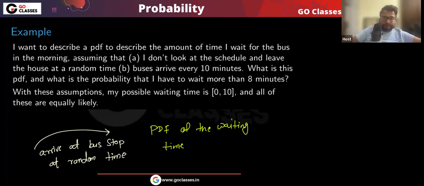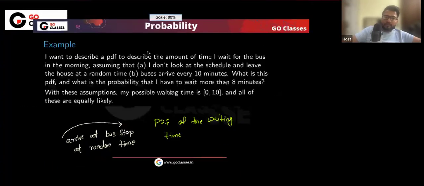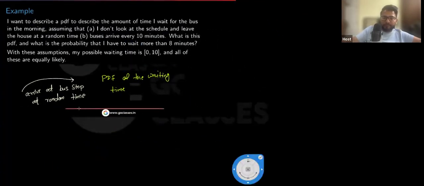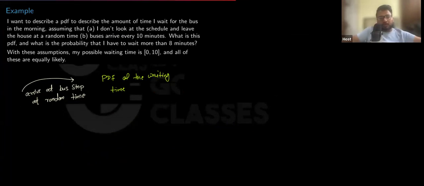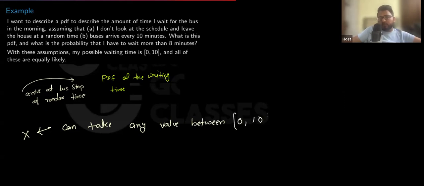So basically, x can take any value between 0 and 10. What is x? Your waiting time, right? You may wait 0 minutes, or you may wait 10 minutes.